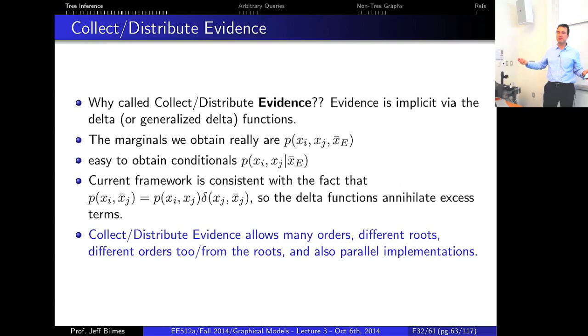When you're all done with collect and distribute evidence, all of the resulting marginals have had information propagated from all of the variables that are observed. That's why it's called collect and distribute evidence. But like I said before, the notion usually comes from the junction tree formalism, which we haven't yet seen, but we will soon enough.